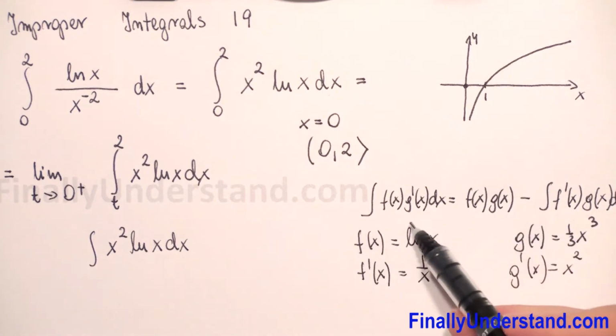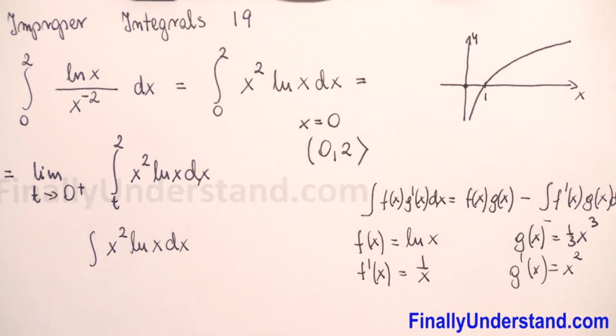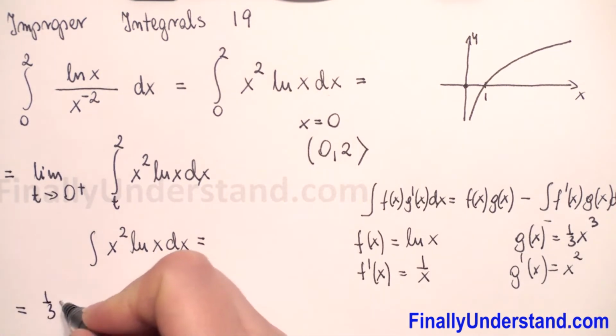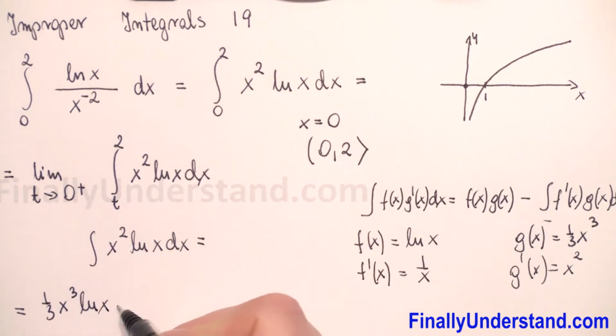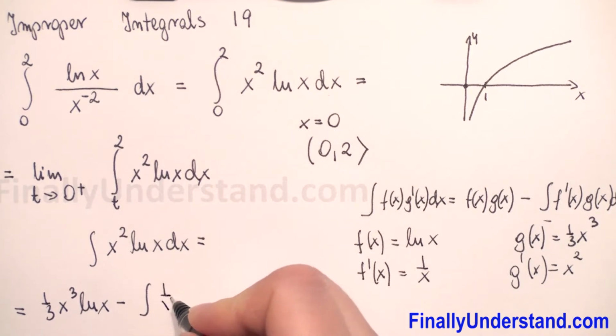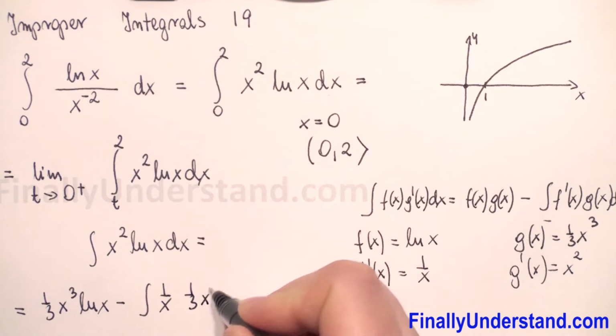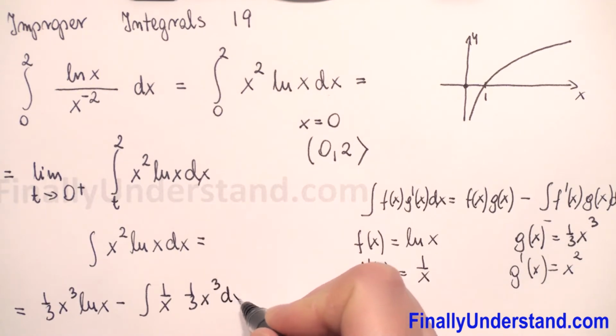So now we have to just plug into this formula. So our integral is equal. We have f times g, so I will put first 1/3 x cubed natural logarithm of x minus integral of f prime is 1 over x, g is 1/3 x cubed with respect to x.